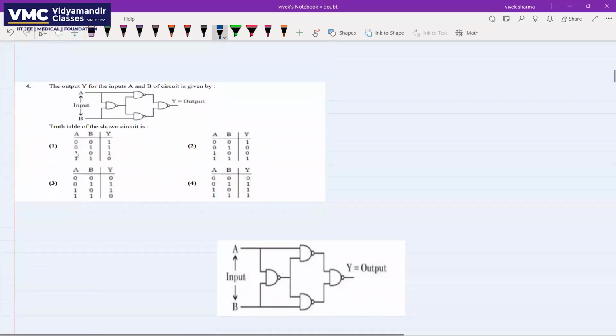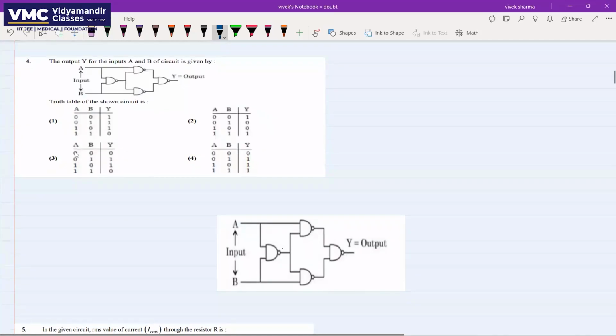Now moving to question number 4. Question number 4 is a Boolean algebra question. In this you are given a circuit made of many NAND gates. So let's check for different inputs. A, B, and the output is Y. So first, A is 0, B is 0. Since it is a NAND gate, the output will be 1.